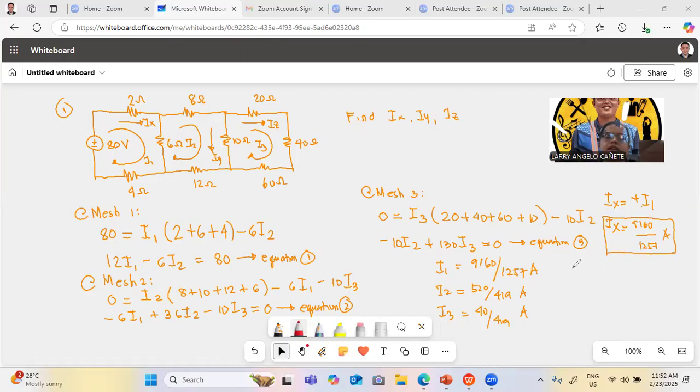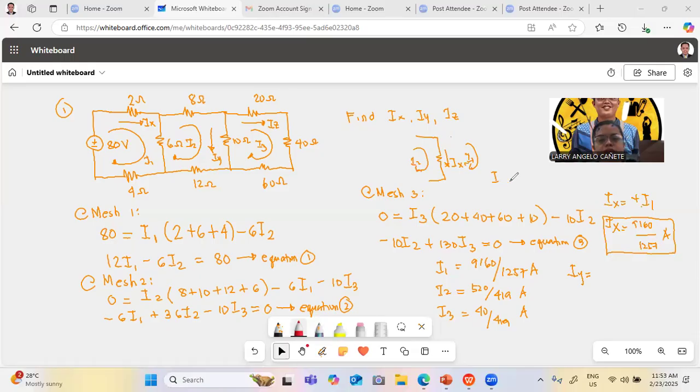Okay, IY na. So your IY, there is a principle, no? If this is now your I sub x, and this is your mesh I2, and then this is your mesh I3, if the problem is asking for the current between two mesh currents I2 and I3, remember this formula, ha?